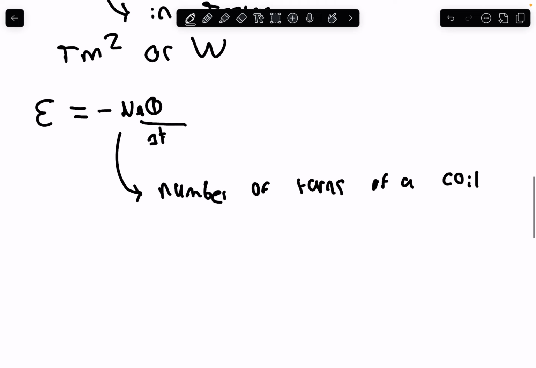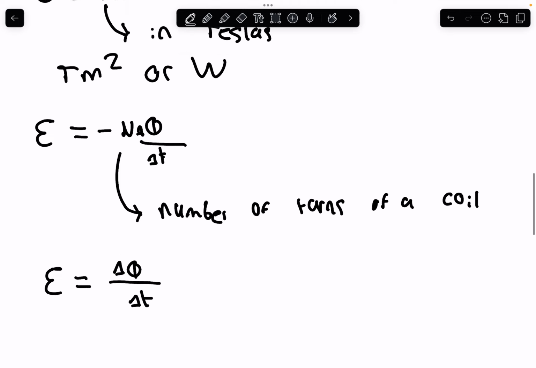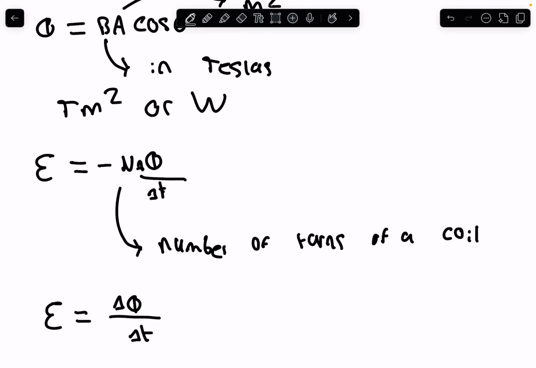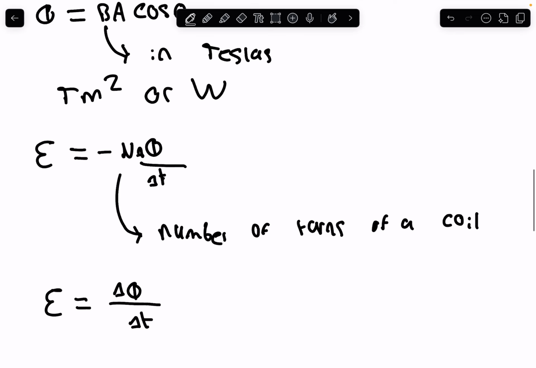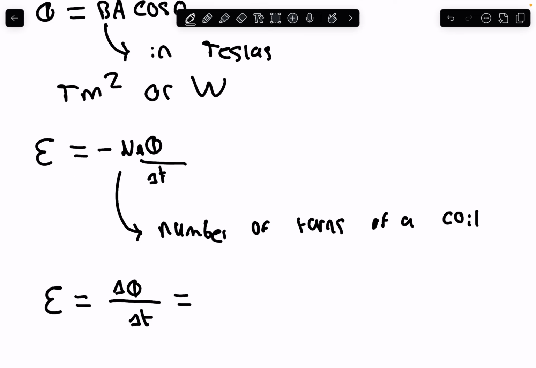So we're basically saying that the EMF is equal to delta phi over delta T, and you know that delta phi is equal to BA cosine theta, so it's basically equal to delta BA cos theta divided by the change in time.